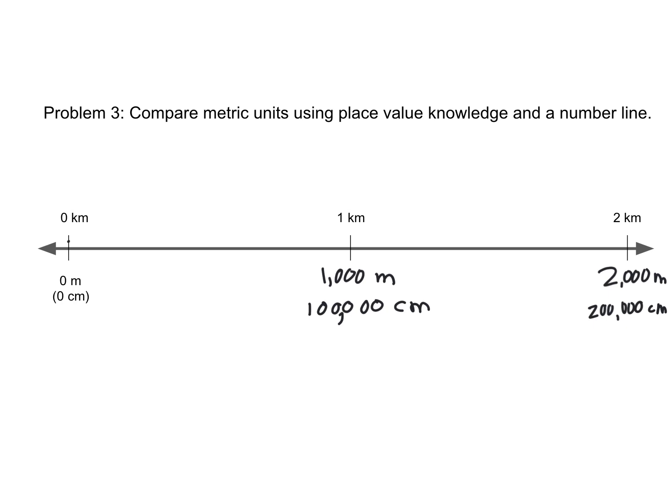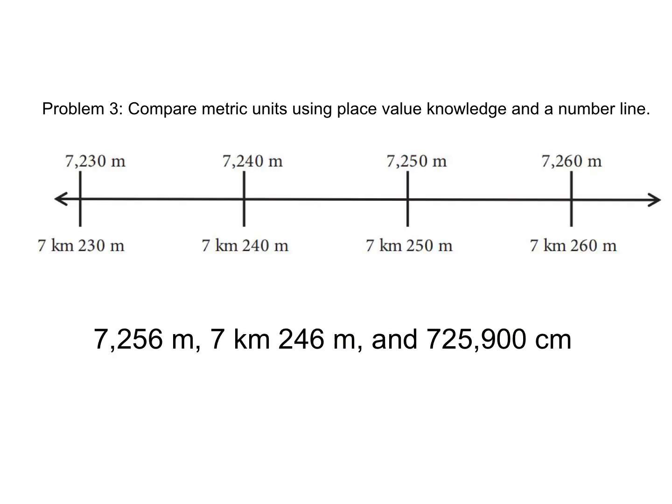So let's look at the next one, and we're doing the same thing. We've got our number line, and we've got meters on the top on this one, and kilometers and meters on the bottom. And we're going to try and place 7,256 meters. So we have to figure out, well, where is that going to go? 7,256 meters.